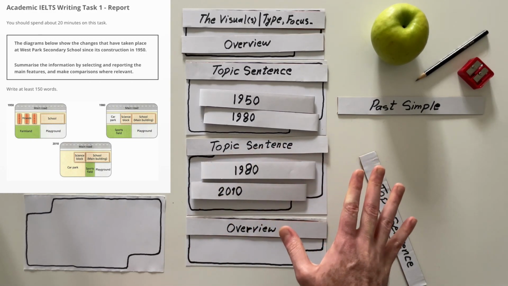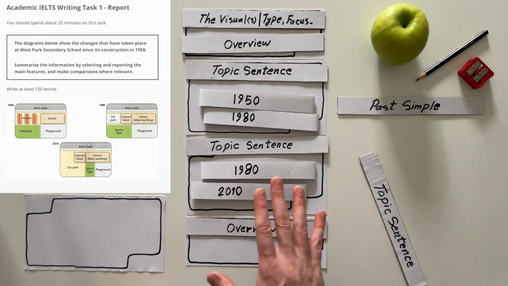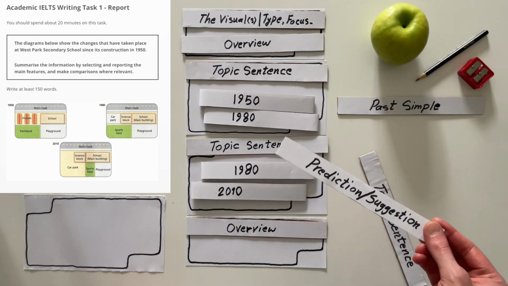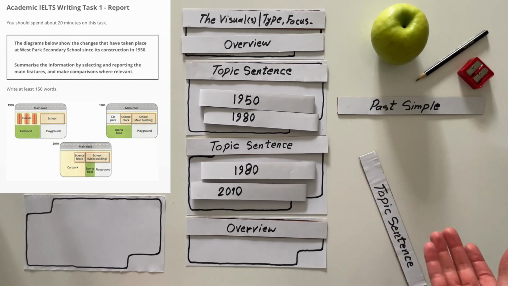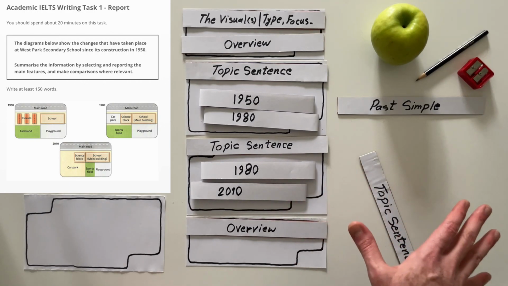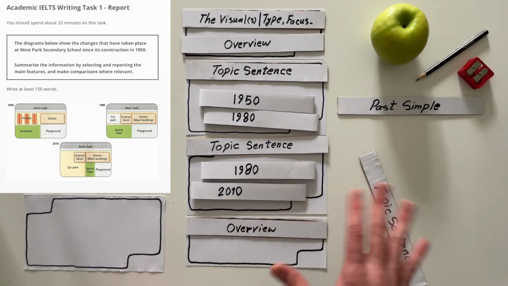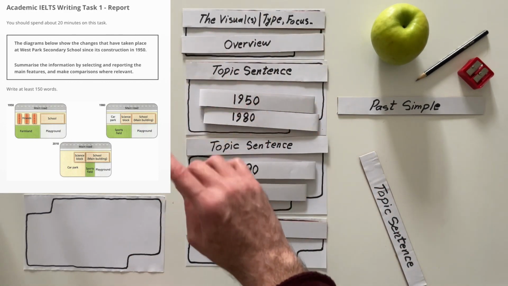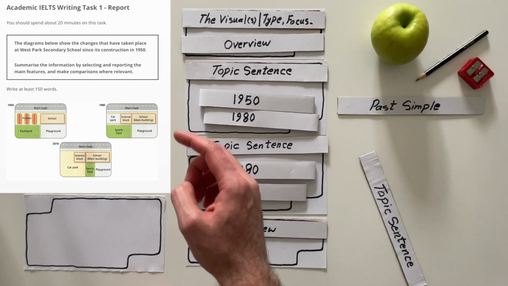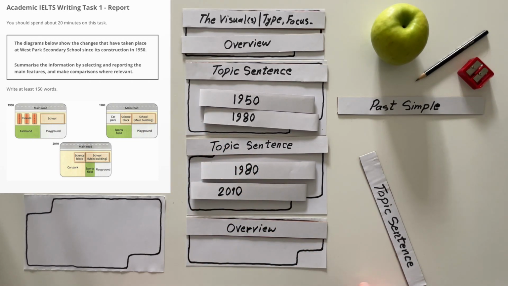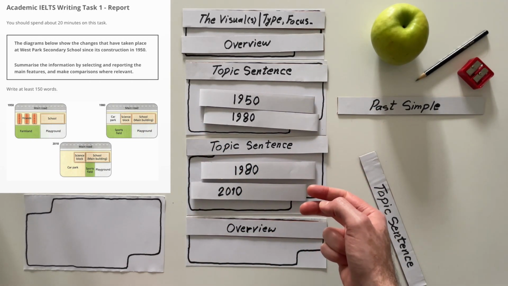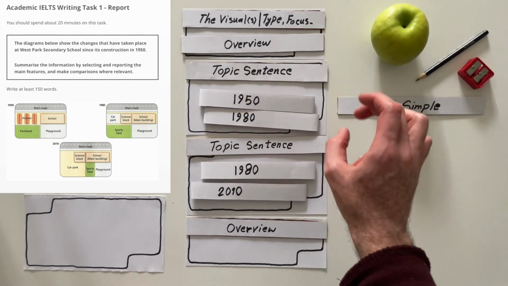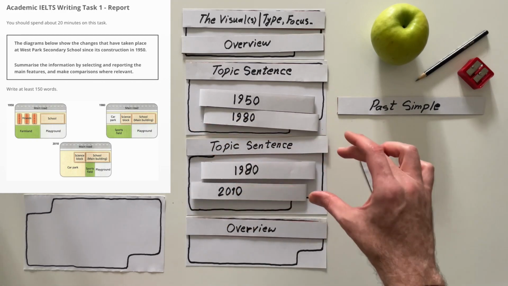We do not speculate. We are not allowed to predict or make suggestions. Basically, this is out of the way. We don't predict anything. We don't suggest anything. We cannot say anything other than the things that we can see here in these three maps. But this element will give us a good chance to compare these 2 years in one paragraph and the other two in this paragraph.